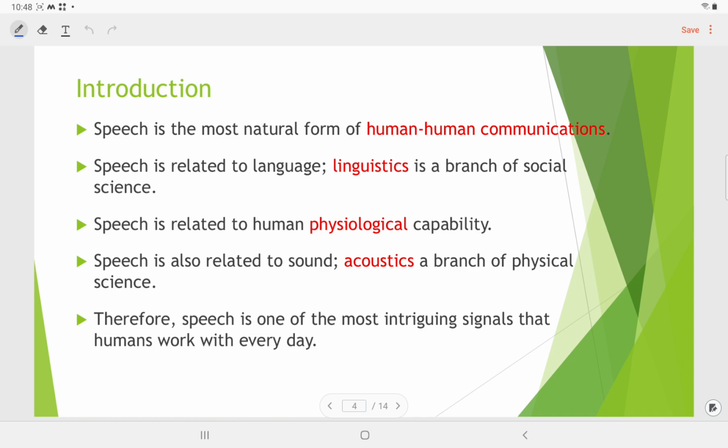So before starting the introduction, let me briefly tell the course objectives. From the learner's perspective, as a learner of this course on digital speech and audio processing, at the end of the whole syllabus, you should be able to develop a skill such that you will know how speech is produced and how it is perceived.